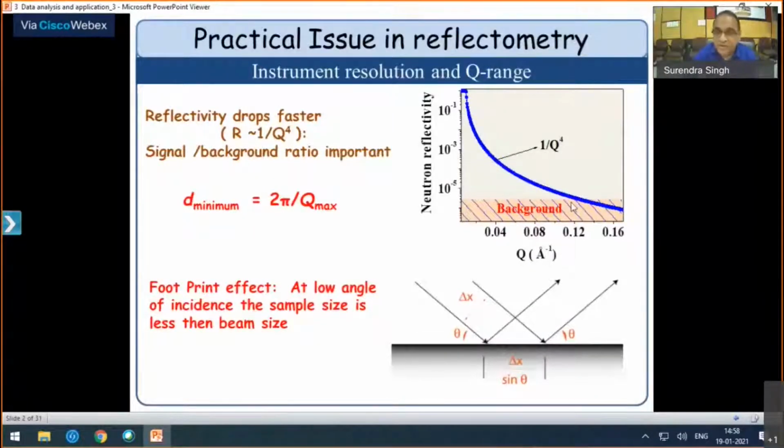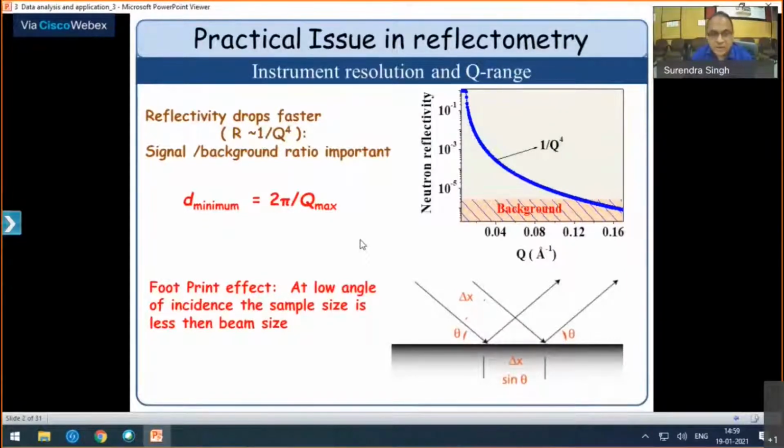This Q maximum which we can achieve will decide the minimum thickness of the single layer, and that relation is d equal to 2 pi by Q. That is the real space to reciprocal space relation.